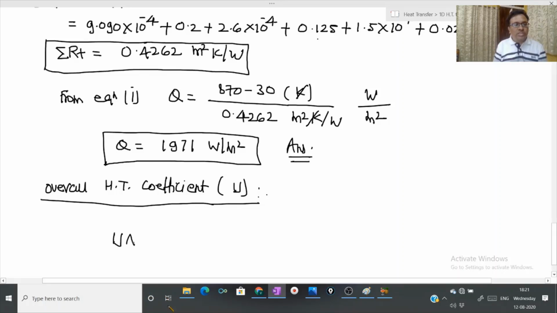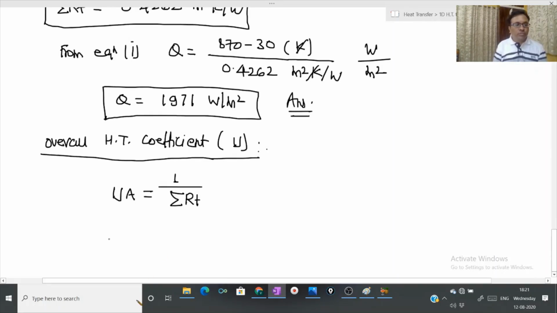And what is the relationship between overall heat transfer coefficient and total thermal resistance? U into A is equal to 1 upon summation of RT. Now U can be also given as 1 upon A into summation of RT, because whatever the value of summation RT, it is multiplied with the area, and area we are taking as unity.